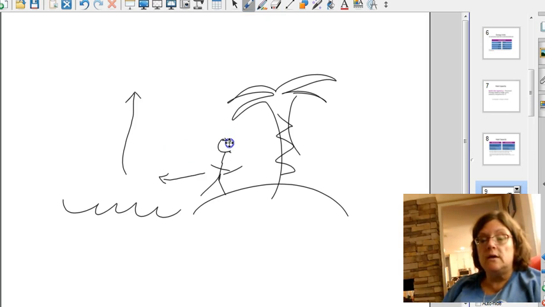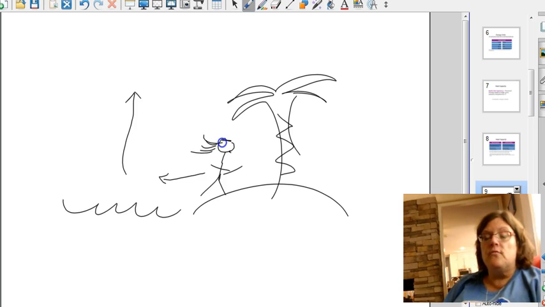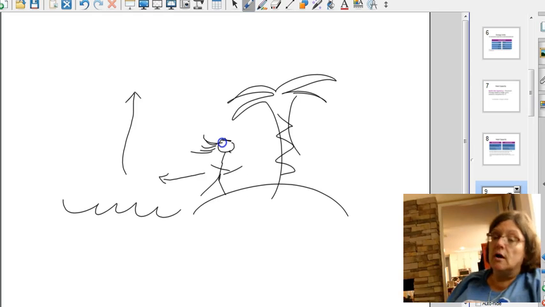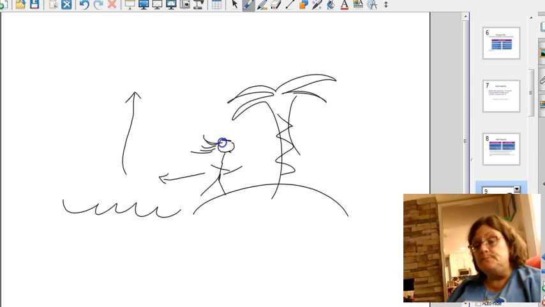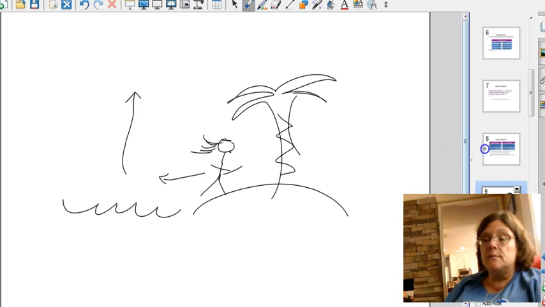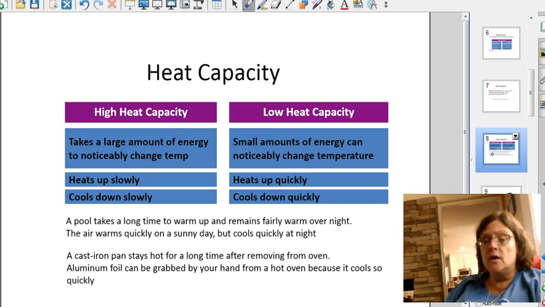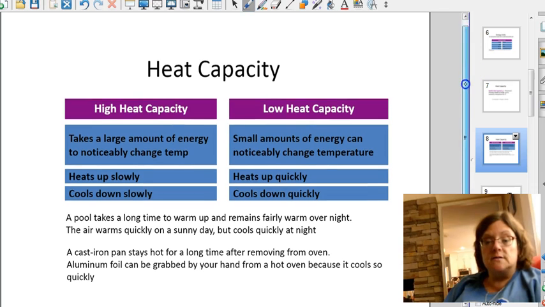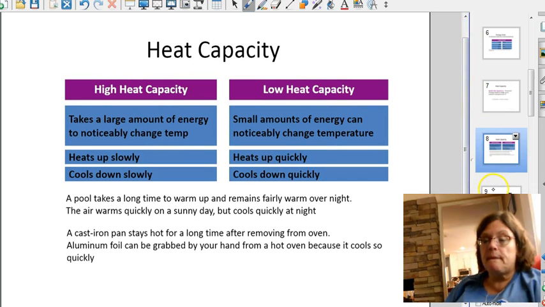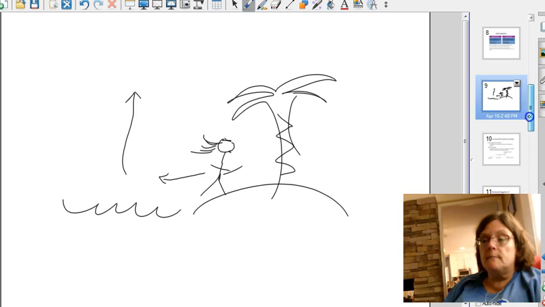This is what we call a land breeze. So at night on the edge of the ocean, you've got wind blowing towards the ocean off the land, and it's going to keep you warmer. That's a perfect example of heat capacity. Water has a high heat capacity. Land has a low heat capacity.